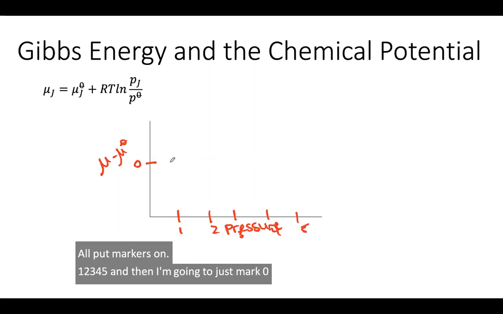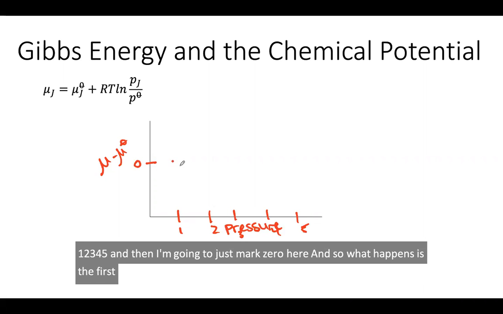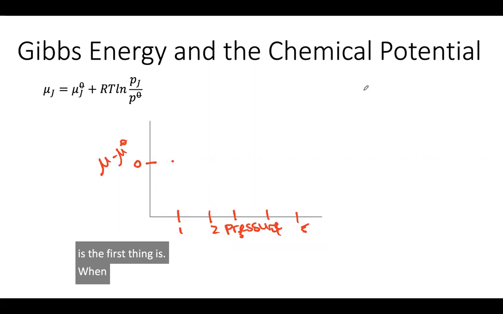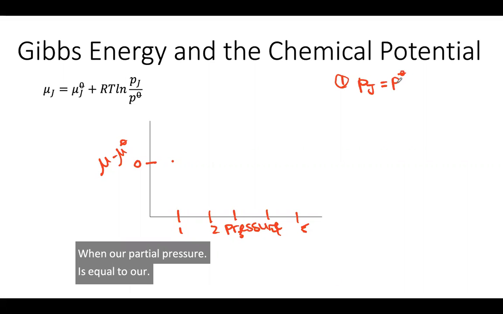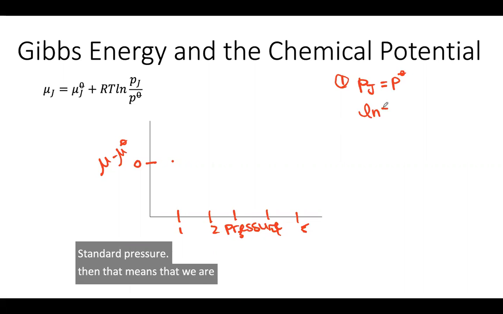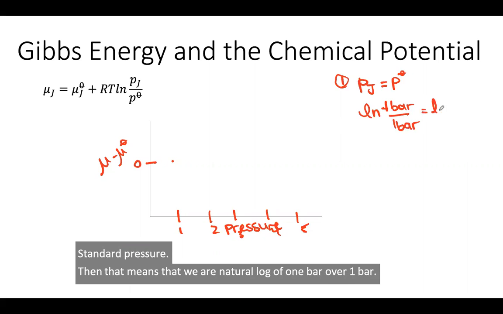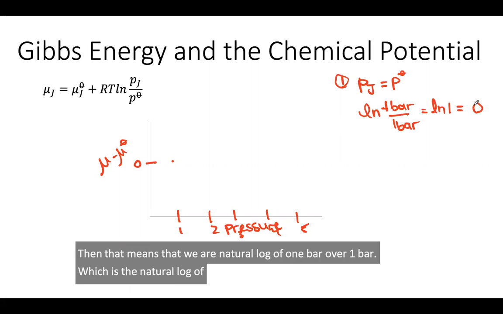And so what happens is the first thing is, when our partial pressure is equal to our standard pressure, then that means that our natural log is of 1 bar over 1 bar, which is the natural log of 1, which is equal to 0.